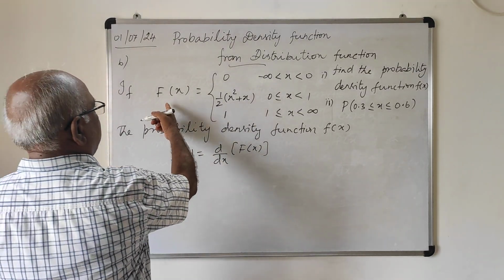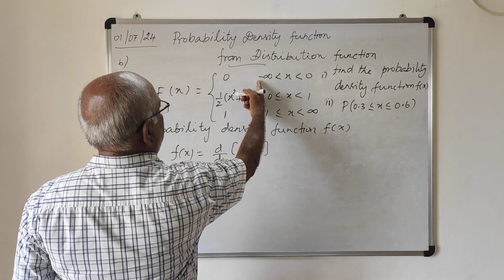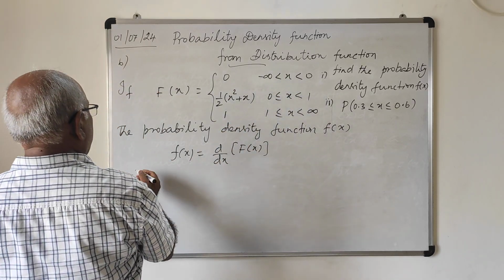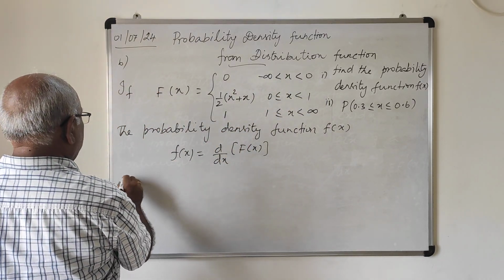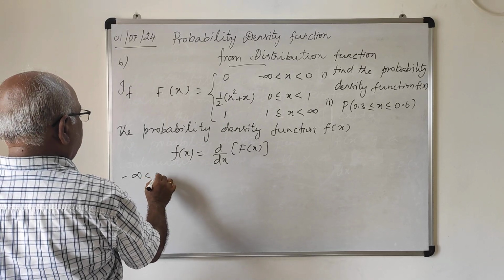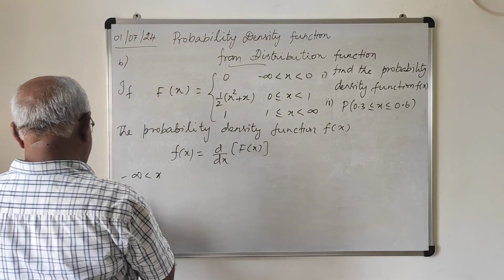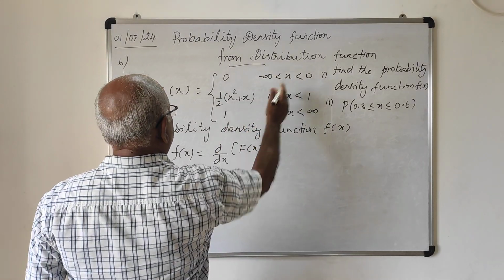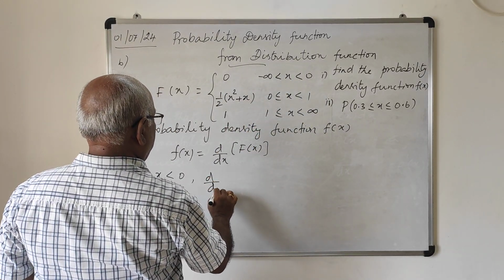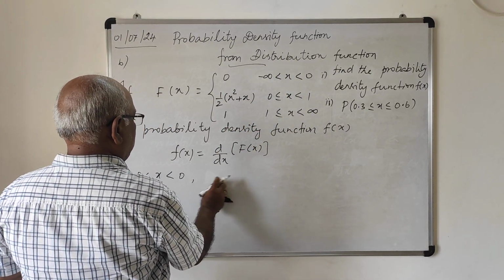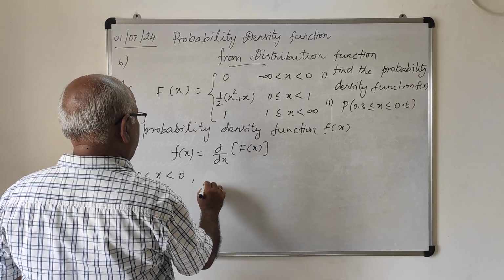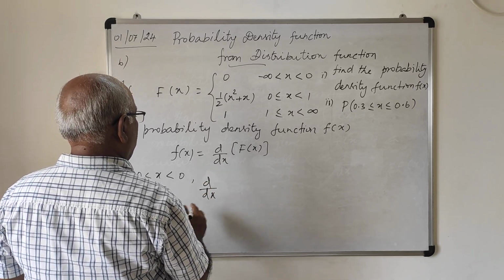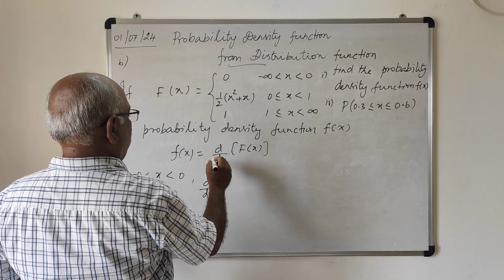So first case, for the interval minus infinity less than x less than 0, f of x is d by dx of capital F of x in this interval.